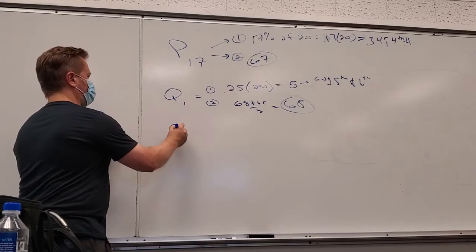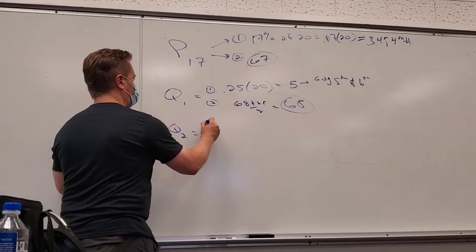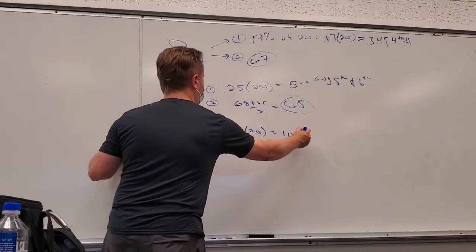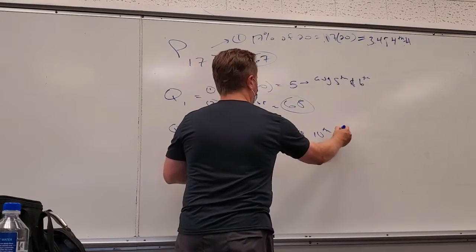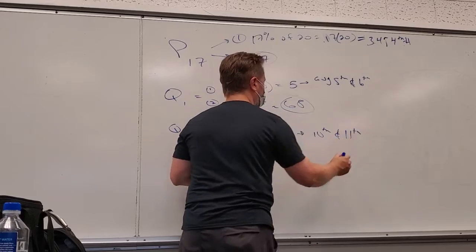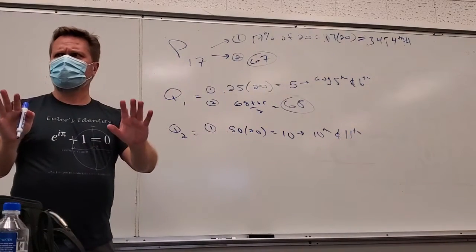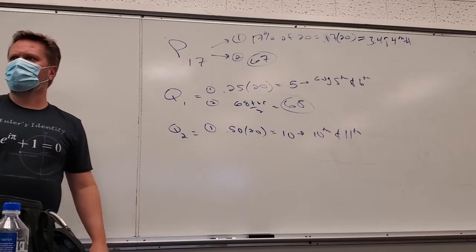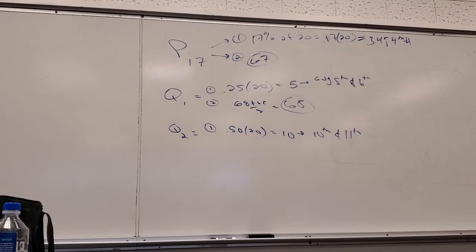All right, so real quick, Q2, that's also known as the 50th percentile. I get 10, so I'm going to do the 10th and 11th, right? Are you guys with me? So, Q1, what does that come to?